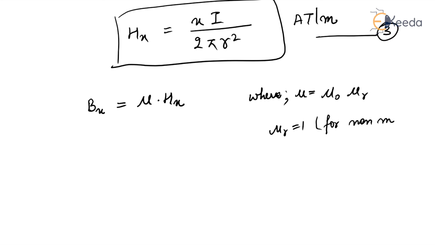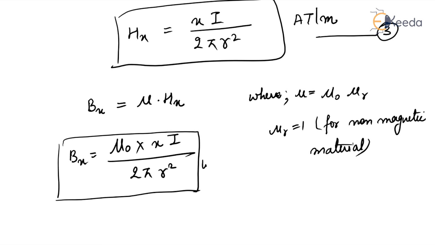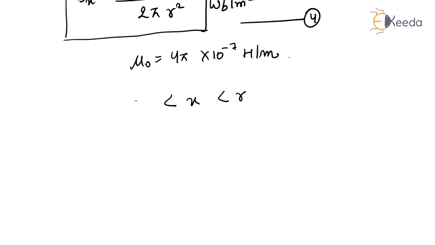So put Bx is equal to mu naught into x into I upon 2 pi r square Weber per meter square. This is equation number 4. Mu naught is equal to 4 pi into 10 to the power minus 7 Henry per meter.